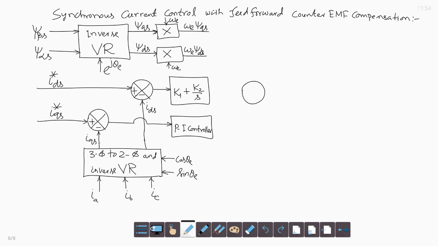So, this is the d axis current IDS loop, and within the IDS loop omega e psi q s is subtracted, and what we get is V d s reference value.